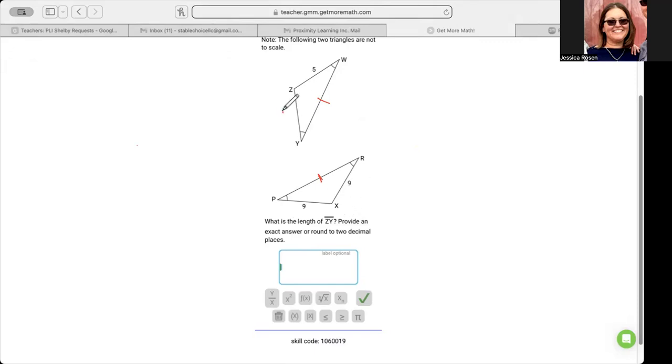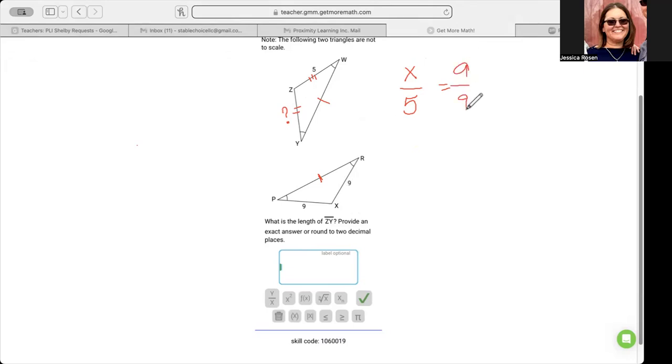Okay, it wants ZY. This is what I don't know. So I'm going to set up my proportion, right? So I know that it's going to be x over 5 equals, in this case, this side and this side. So it's kind of hard for me to tell which one's which, but luckily they're the same numbers.